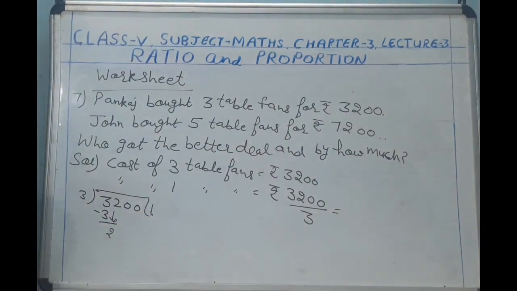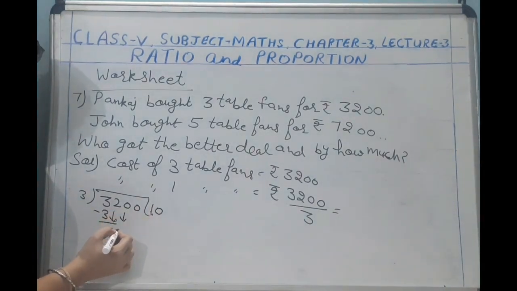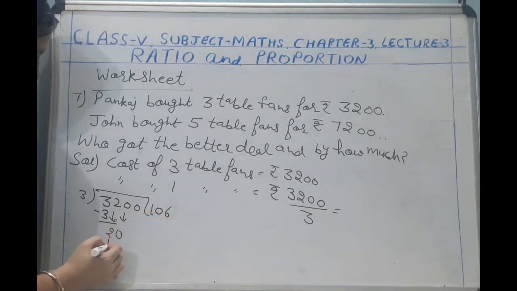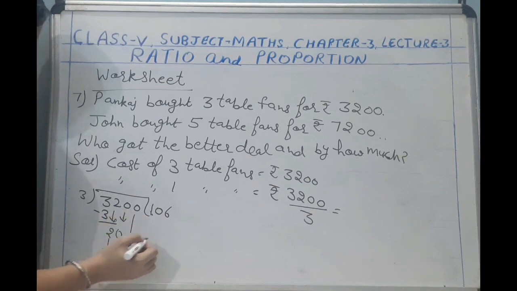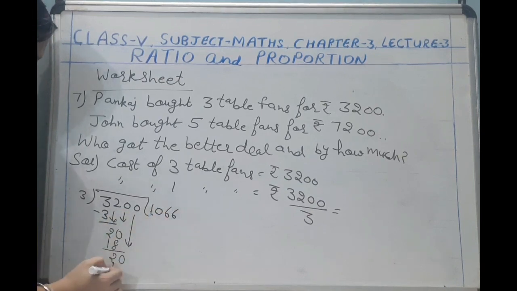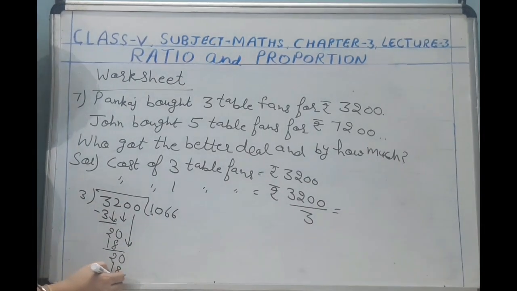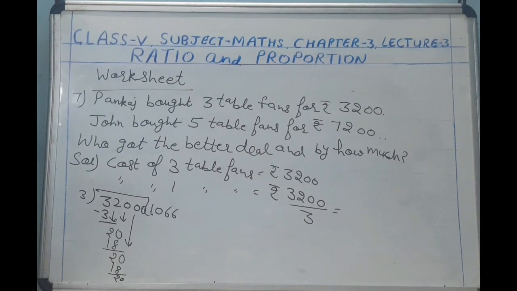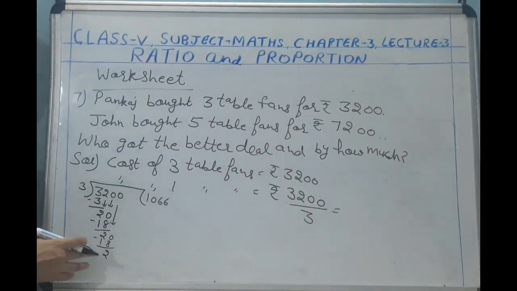So we will put 0, and we will take the next digit. Now 2 6 are 18, 2 left. Put decimal and 0 here. Again 2 is left.